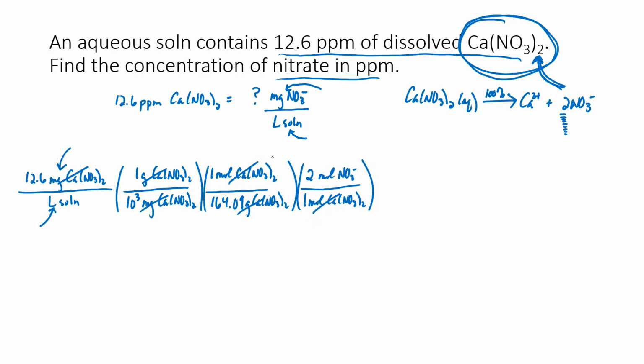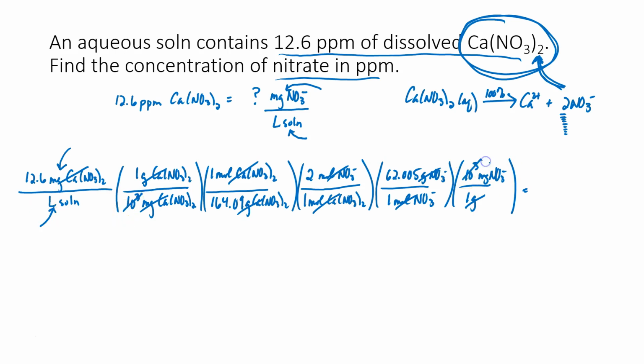And then from there, it shouldn't be too hard to get milligrams of nitrate. For every 1 mole of nitrate, there are 62.005 grams of nitrate. And then finally, converting grams into milligrams is the final step. So again, we have milligrams of nitrate upstairs, liters of solution downstairs.